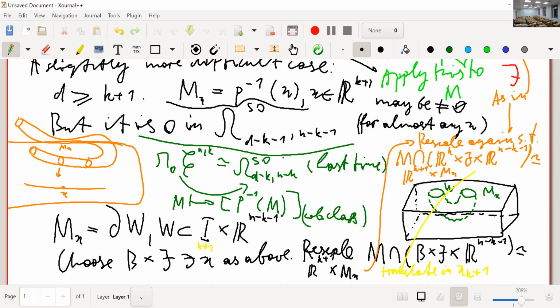The slice which is given by requiring this coordinate to be some element of J. And then we have this M. Okay, I think I understand it now.